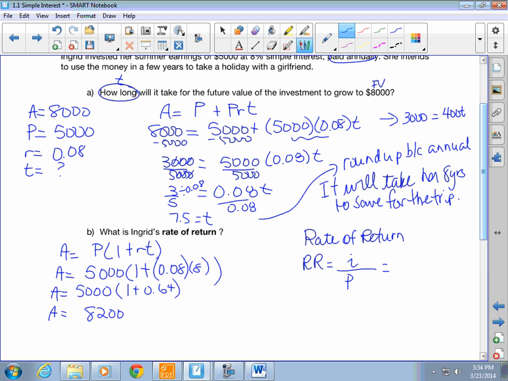She's going to end up with $8,200, so she's earned $3,200. She invested $5,000. So that equals 0.64, which is a 64% rate of return at the end of the 8 years. And if you look, that is exactly what we got here.